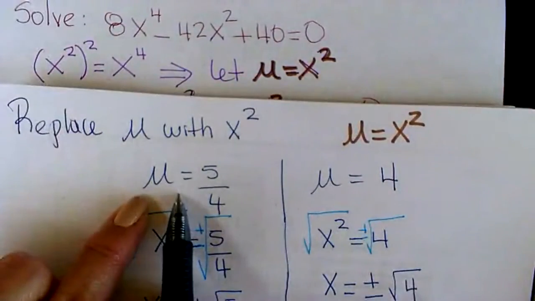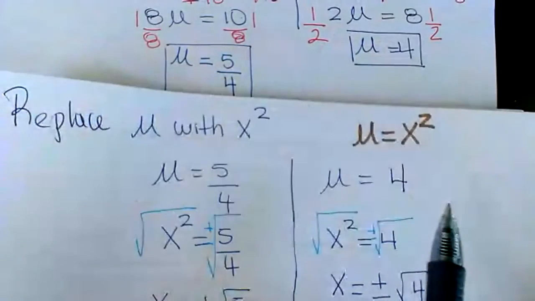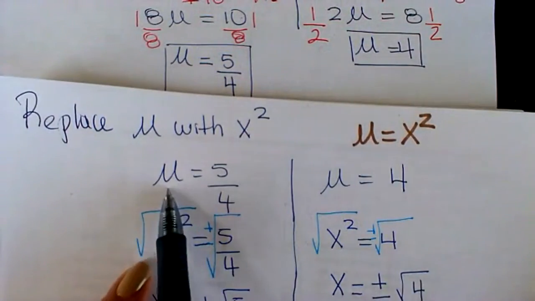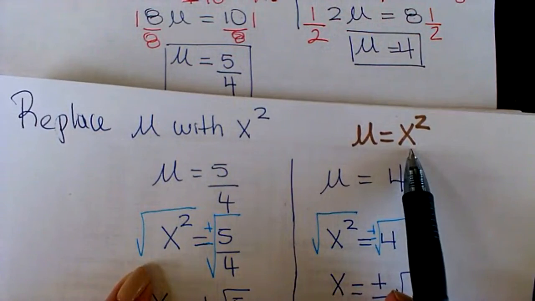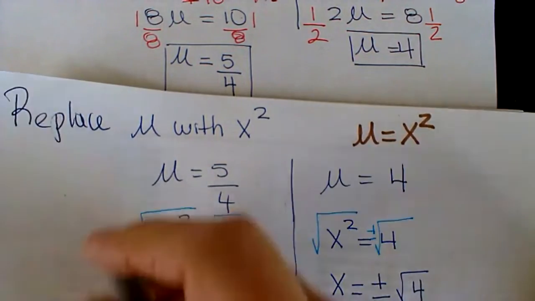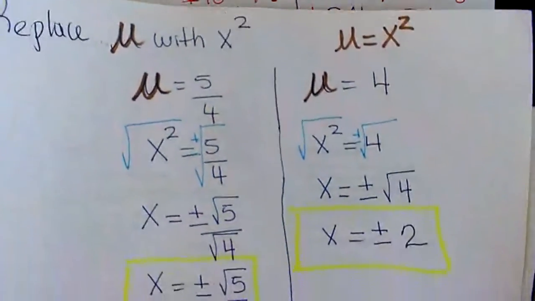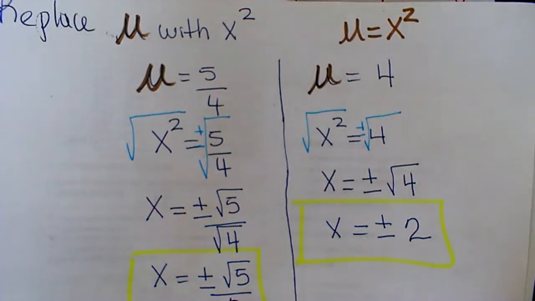So u is equal to 5 over 4, u equals to 4. But I said that u was going to be equal to x squared. So I replaced the u for the x squared. And then I solve it. Let me know if you have questions.